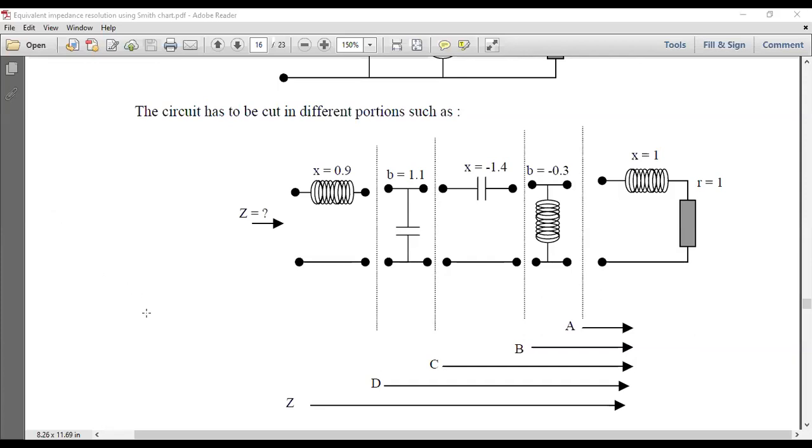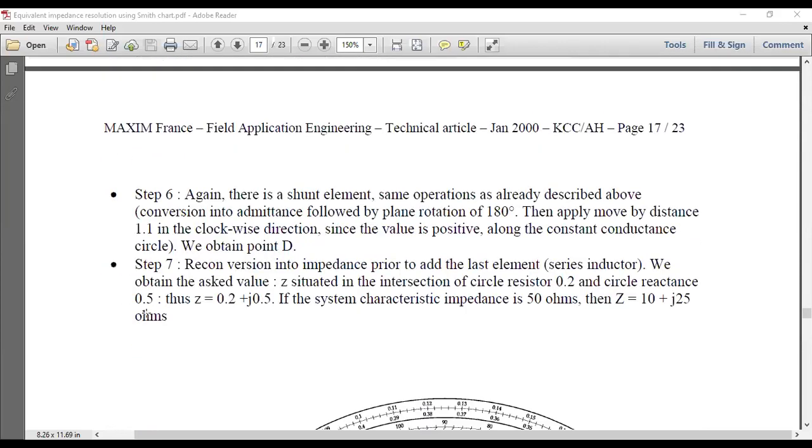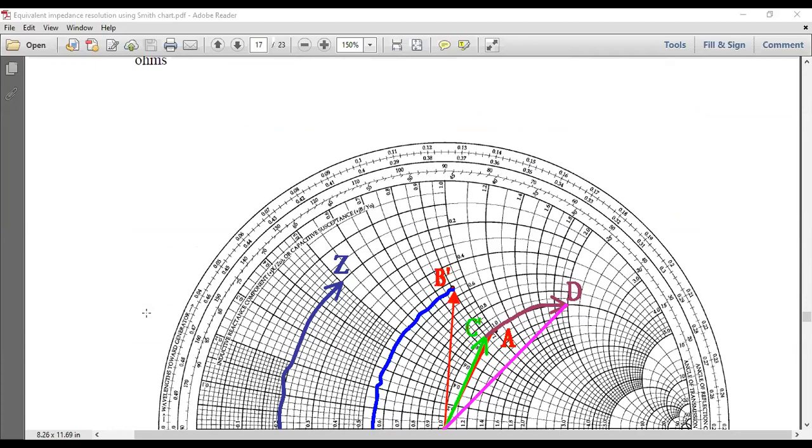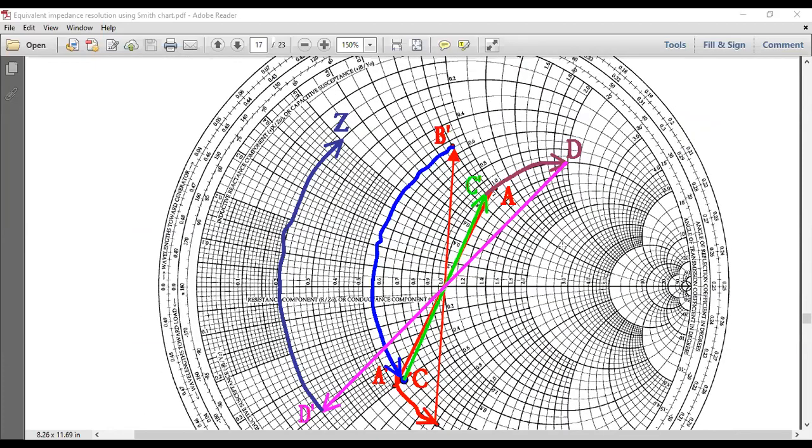Now I'll go a little bit down on the Smith chart for the answer. So this will look like our Smith chart answer. So here is the first step. Are you people able to understand this?